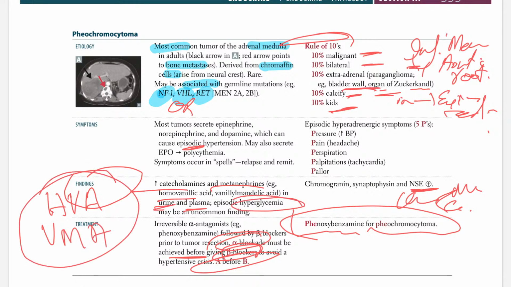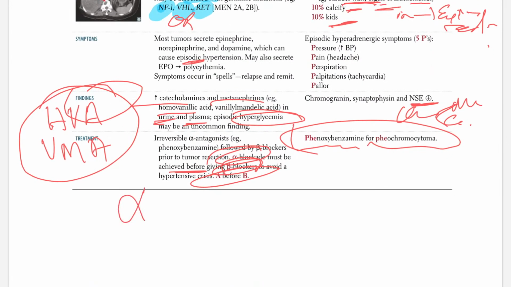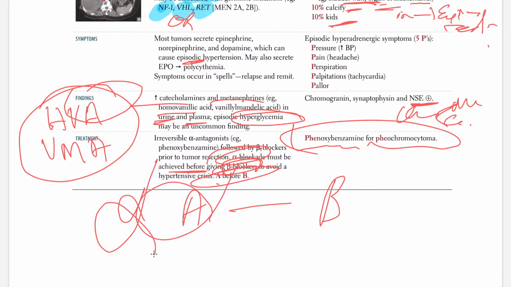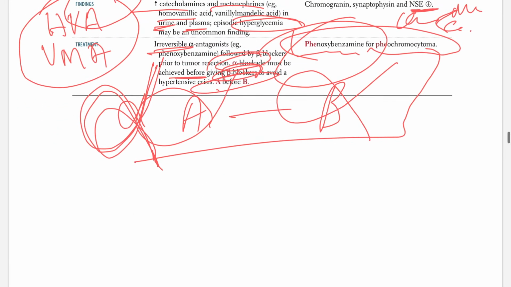It is going to cause hyperglycemia because of the increase in catecholamines. Okay, then you want to resect this tumor, but you have to block alpha first, then beta blocker. Alpha first because you want to block those alpha receptors before you can block the beta receptors, and phenoxybenzamine for irreversible alpha blockade, and that is all for pheochromocytoma.